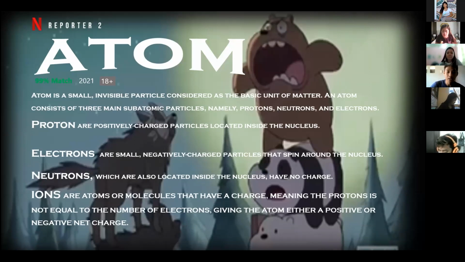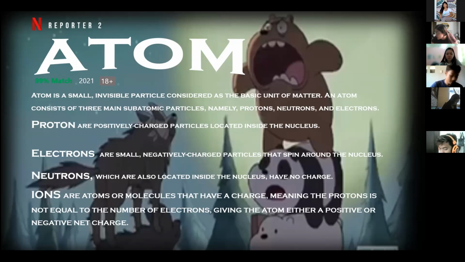Electrons are small negatively charged particles that spin around the nucleus. Neutrons, which are also located inside the nucleus, have no charge. And ions are atoms or molecules that have a charge, meaning the number of protons is not equal to the number of electrons, giving the atom either a positive or negative charge.